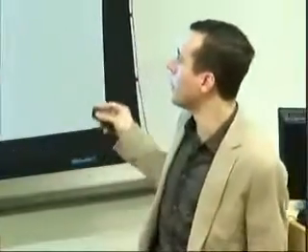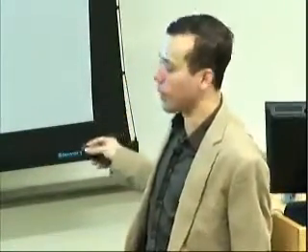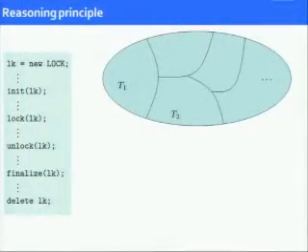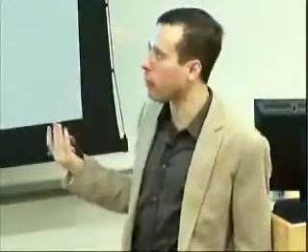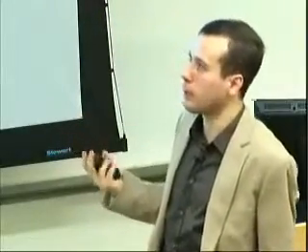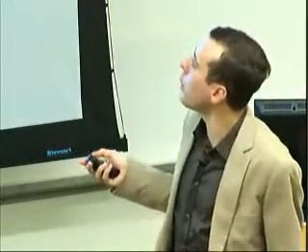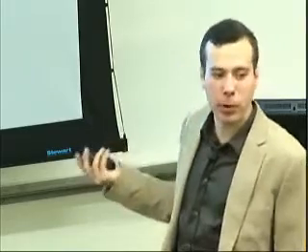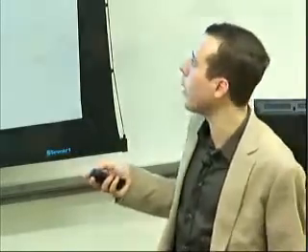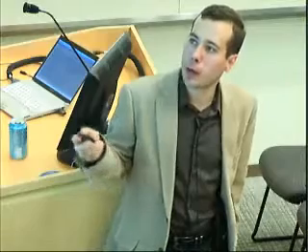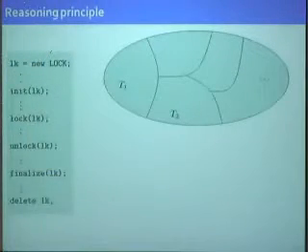And finally, I can just dispose of this location. So the challenge here is to handle this life cycle of a lock in the same way that I've shown you before. Now the picture of splitting the heap into several parts becomes more complicated. Before, I had only finitely many parts because I knew how many locks I had. Now I'm going to have unboundedly many parts, thread-local ones and the ones that are protected by some locks.